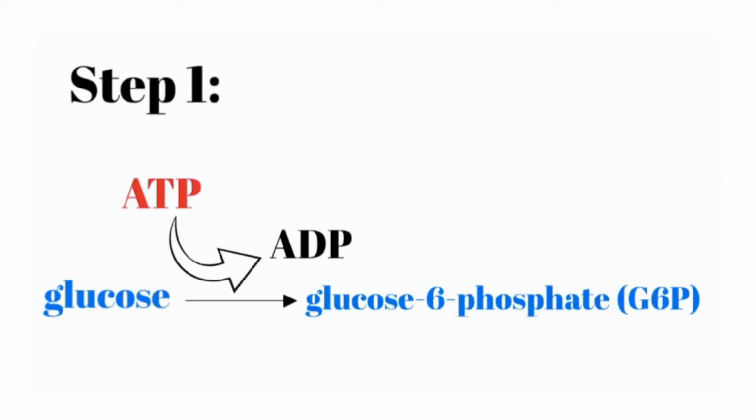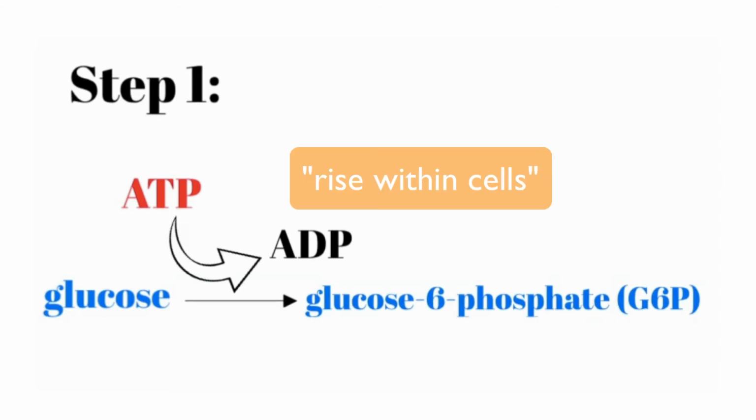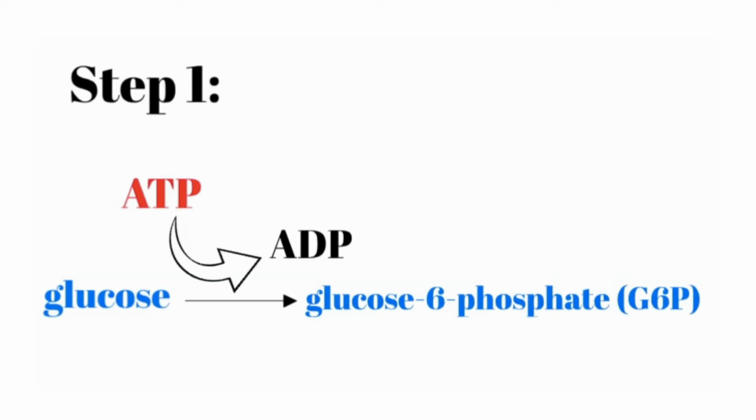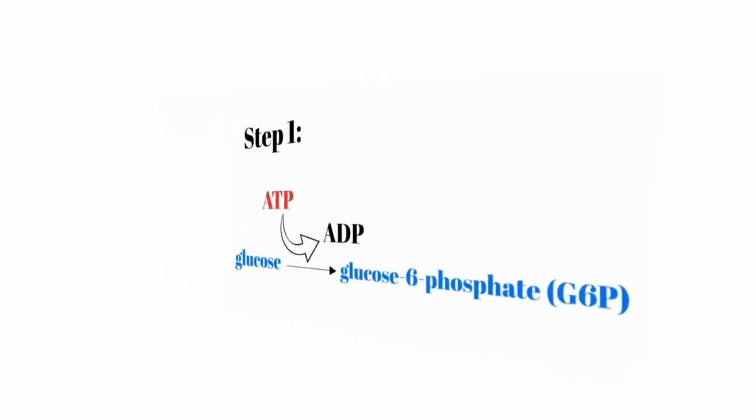If it wasn't immediately converted to glucose 6-phosphate, the concentration of glucose would continually rise. So the conversion of glucose to glucose 6-phosphate in many cells in the body helps maintain glucose's chemical gradient. Step 1 of glycolysis is the conversion of glucose to glucose 6-phosphate utilizing 1 ATP molecule.